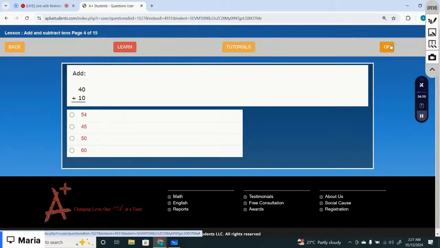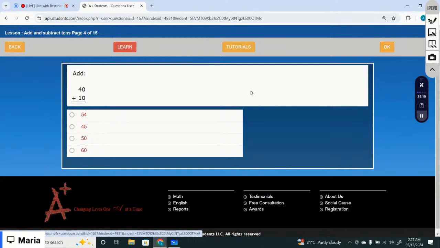40 plus 10, which is the correct option? Forty plus 10 is 50.